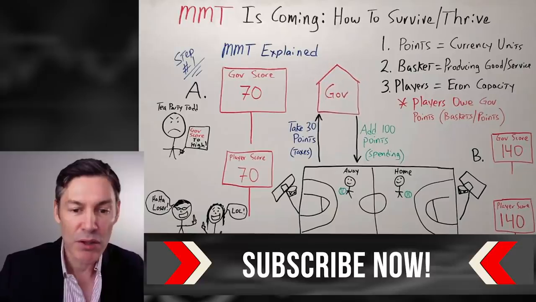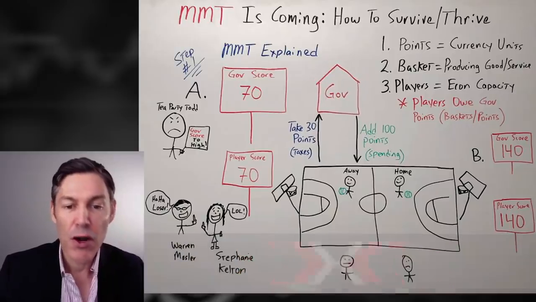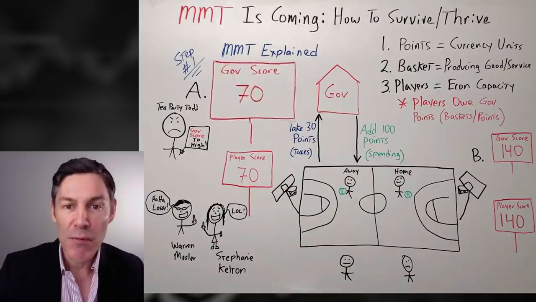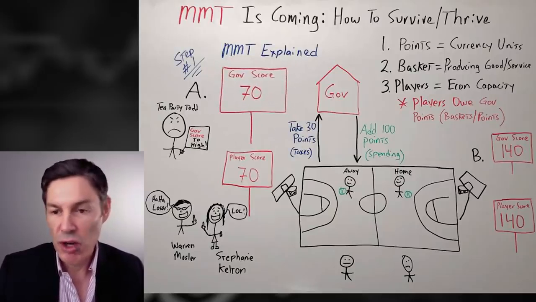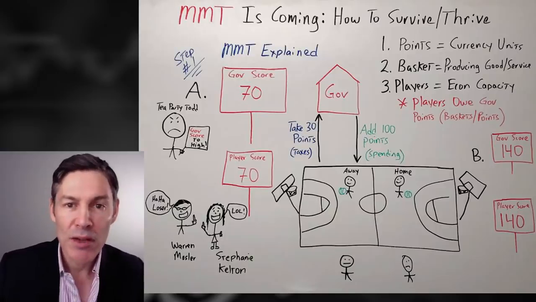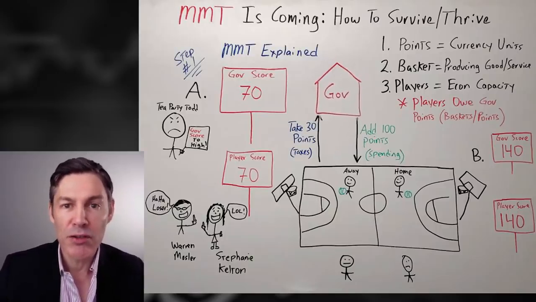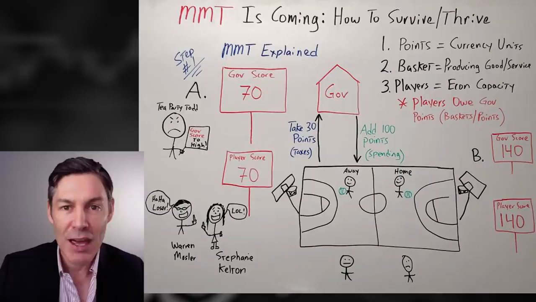Well, then what the government would do is they would take 30 of those points away. So if we look at a scoreboard, the players' combined score would be 70, and the government score would also be 70. No problem.